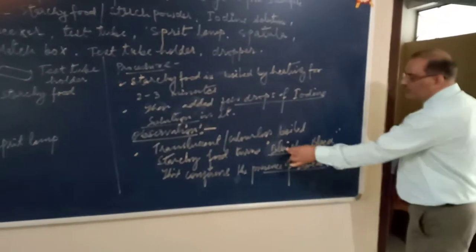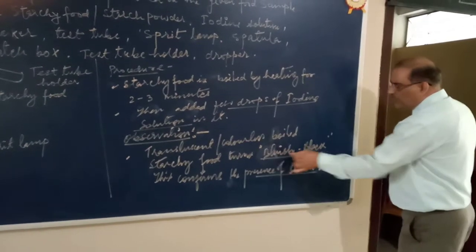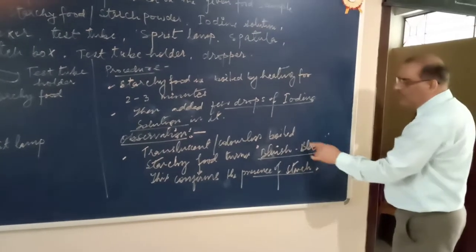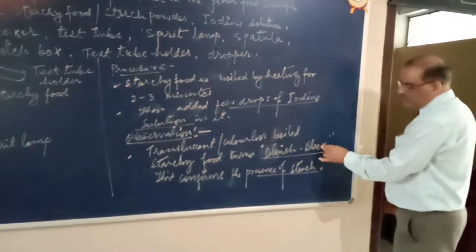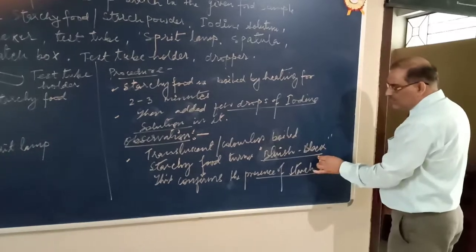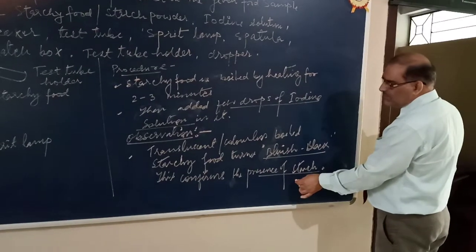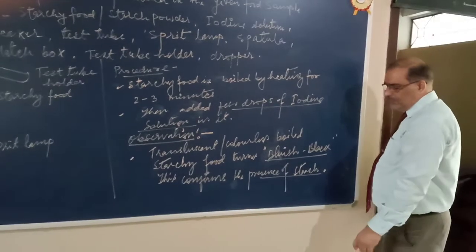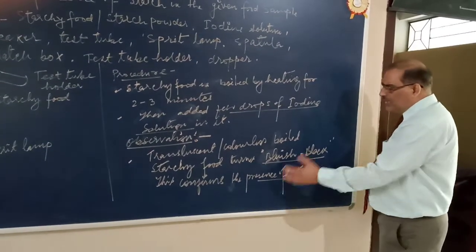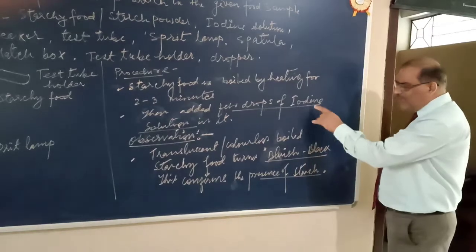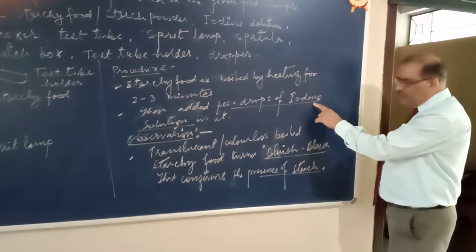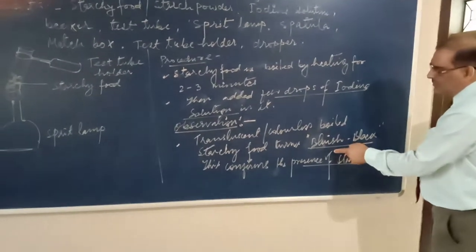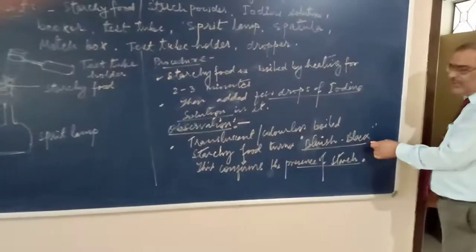It turns bluish-black. Neither black nor blue, bluish-black. So the presence of bluish-black color confirms the presence of starch. If it is not starch, suppose it is some sort of sugar or protein, then after putting iodine solution in it, it will not give blue-black color.